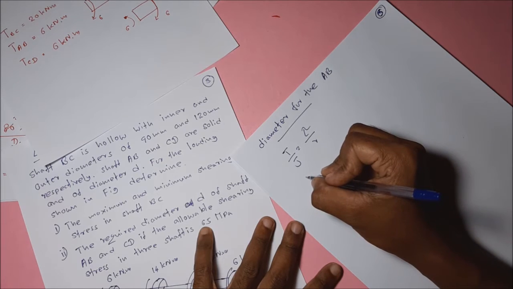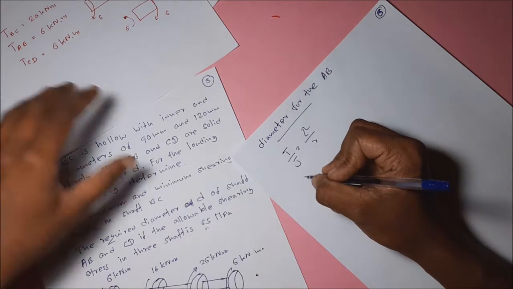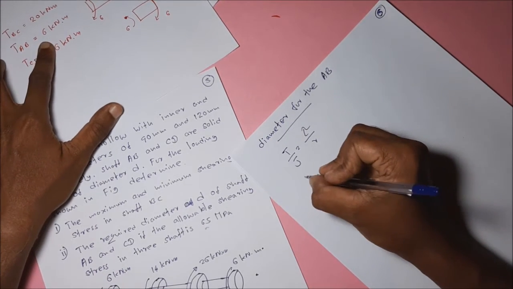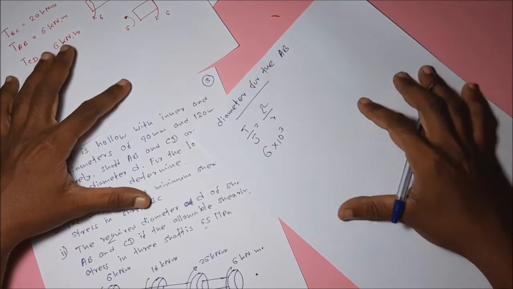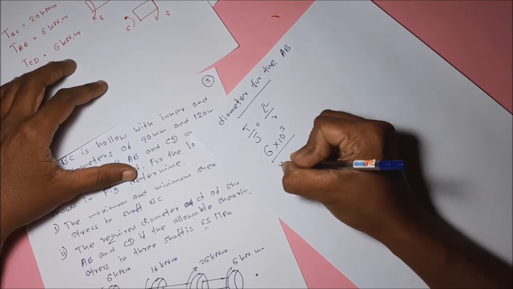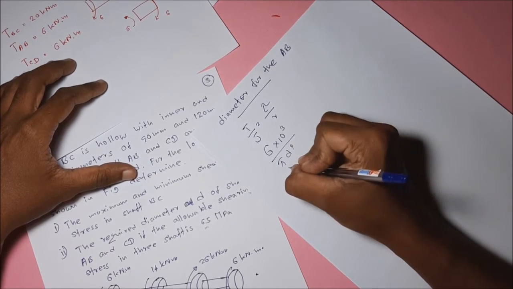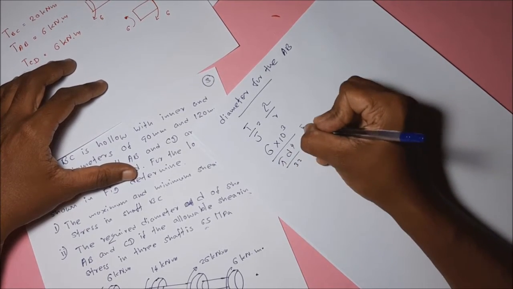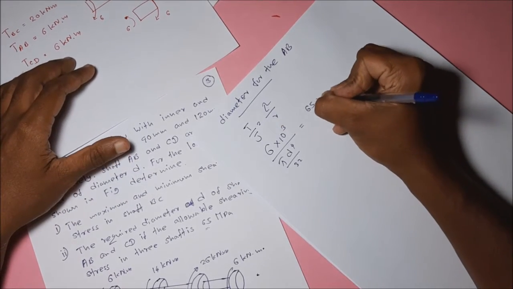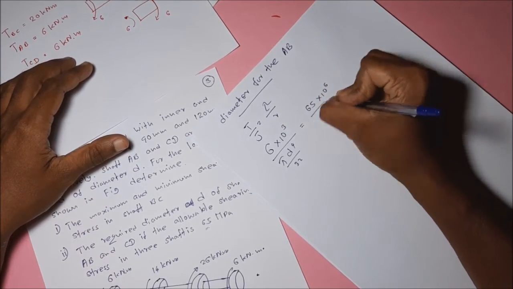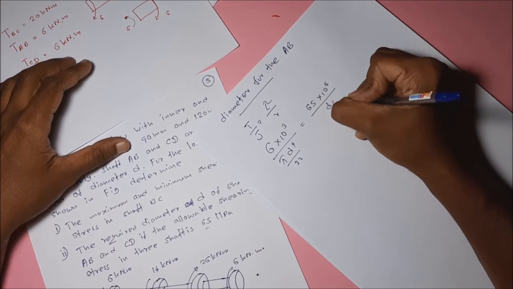The T, what is the AB shaft subjected to? 6, no? 6 into 10 to the power of 3. Then the J we have to find, pi D to the 4 over 32, is equal to, what is tau? Tau maximum, 65 into 10 to the power of 6 is given. R is D over 2.